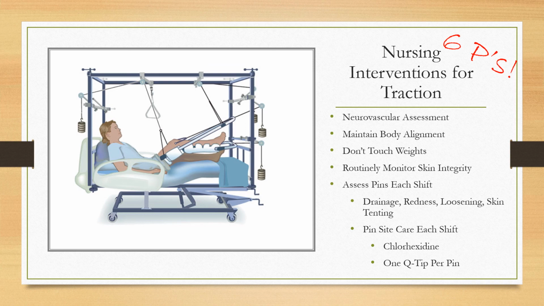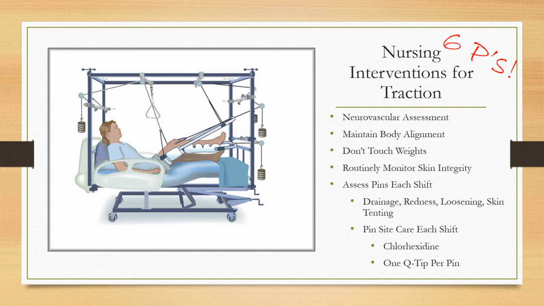So we're going to be checking the foot and the ankle pulses and we're going to be checking that they have sensation to the toes and that they can move their foot. Okay, so neurological is sensory and motor, and then of course checking the pulses and the color of the foot, the warmth of the foot.